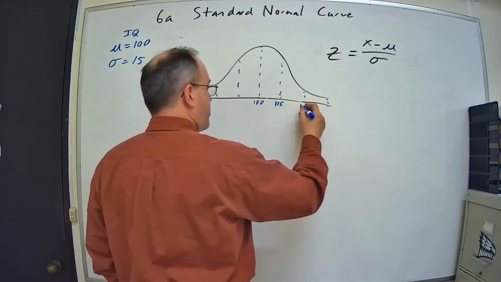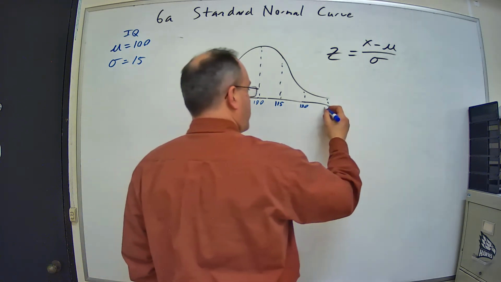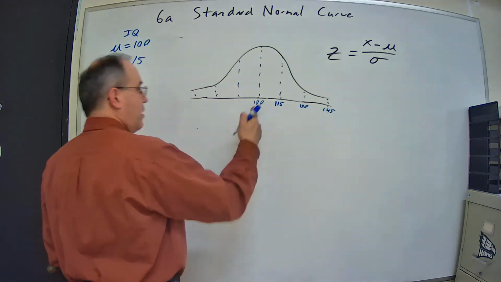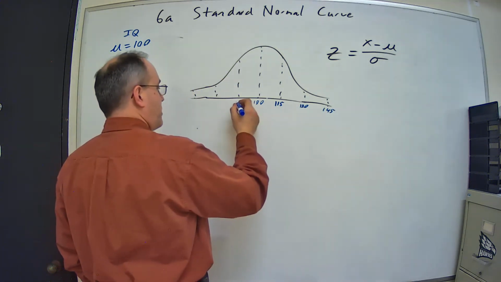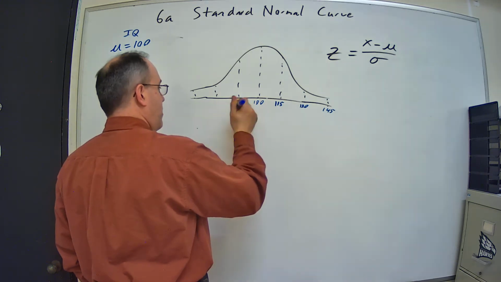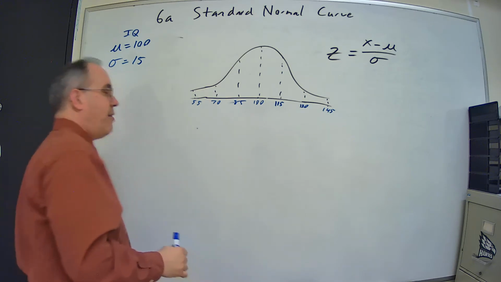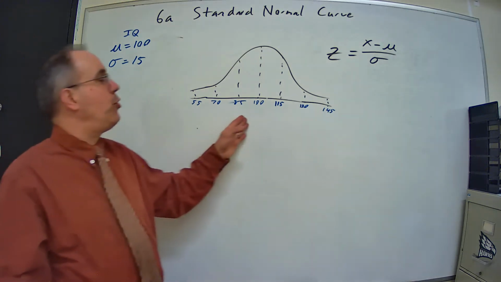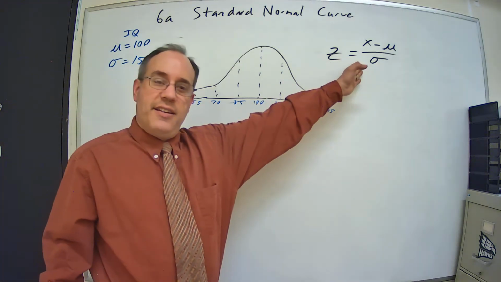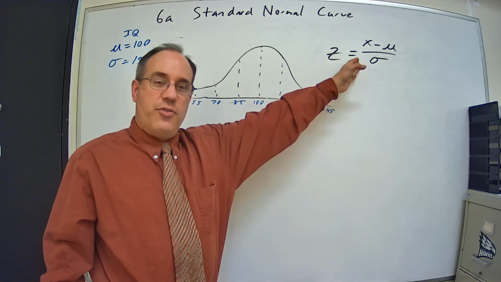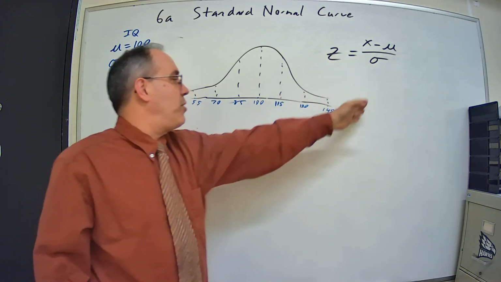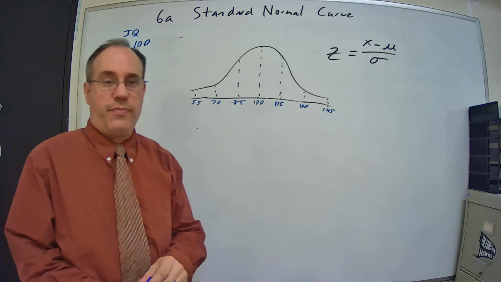Another standard deviation, 130. Another standard deviation, 145. Going back the other way, minus 15 gives us 85, 70, and 55.